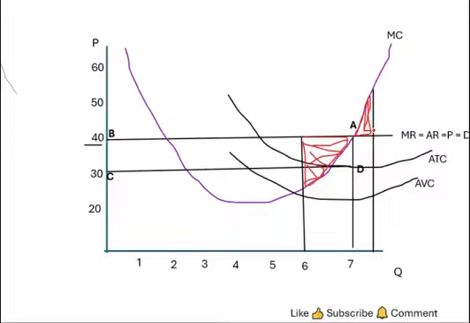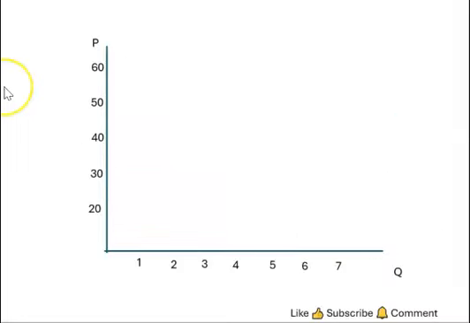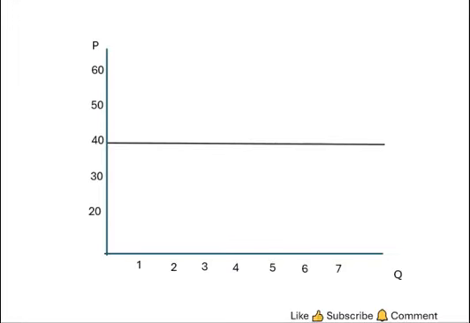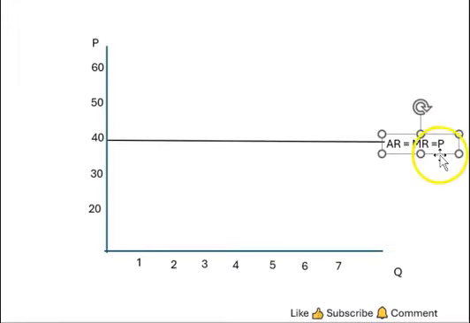So let us now show when a firm makes a loss, because it's not all the time that a firm makes profit. Given that the price is still at 40, we draw our horizontal line to show our marginal revenue line, which equals price, equals our demand curve.